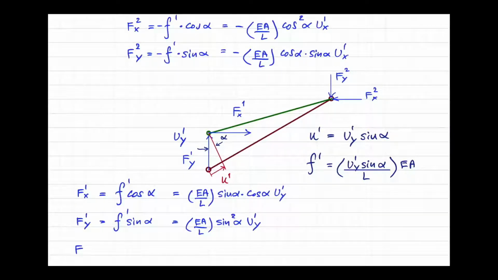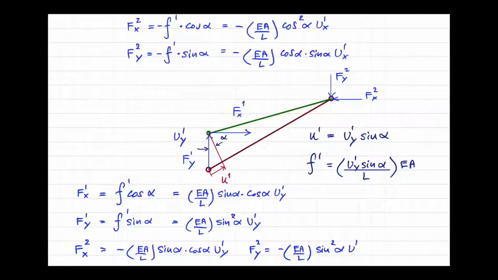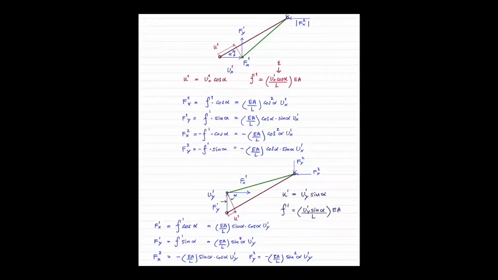So F2x is equal to minus EA over L sine alpha cosine alpha u1y. F2y is equal to minus EA over L sine square alpha u1y. Alright.